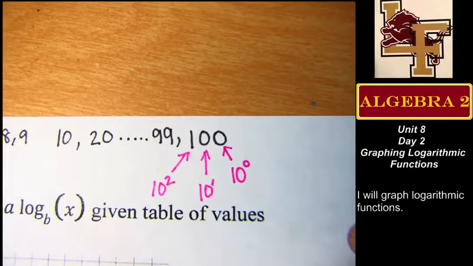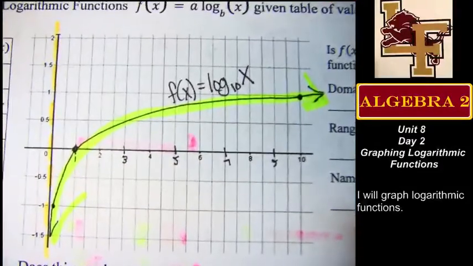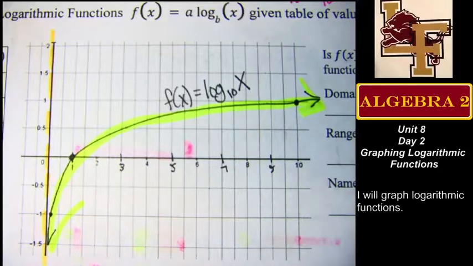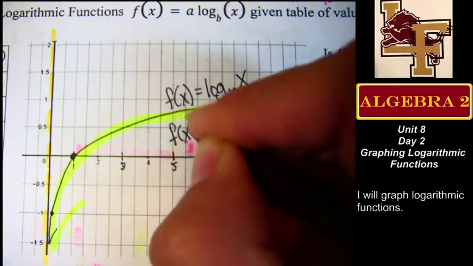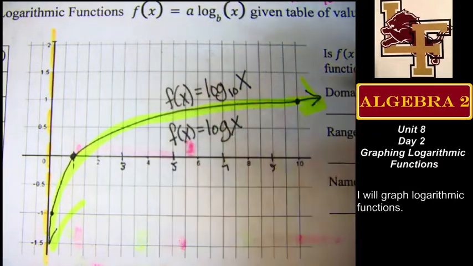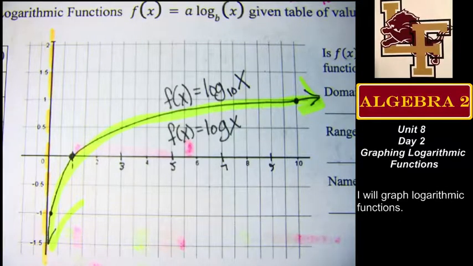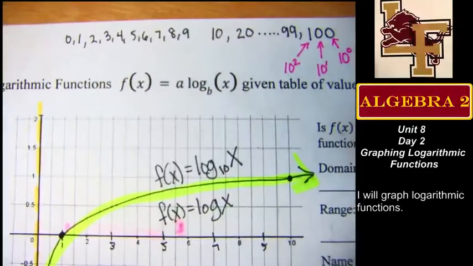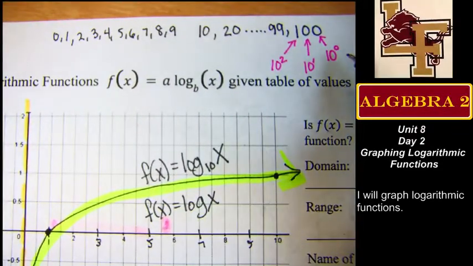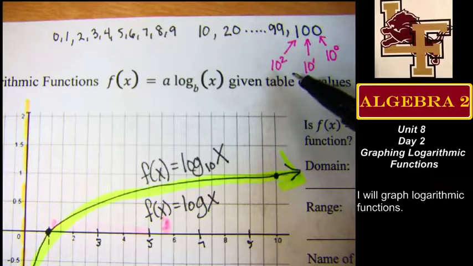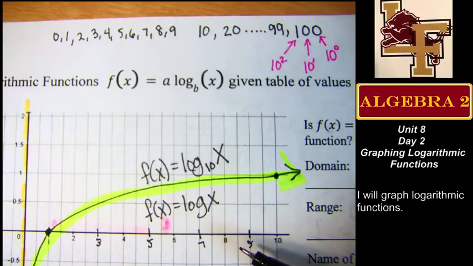Now, I take this little side detour because it gives us a shortcut in writing this logarithm. I can write this logarithm as just log of x. I don't need to say the base because we are so comfortable in counting and thinking in powers of 10, in base 10, that we can assume the 10.